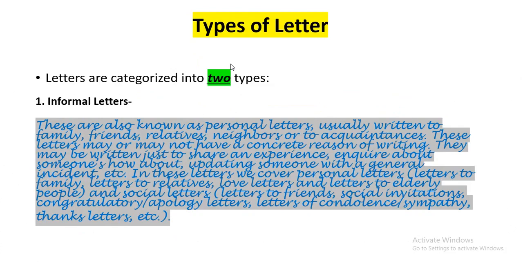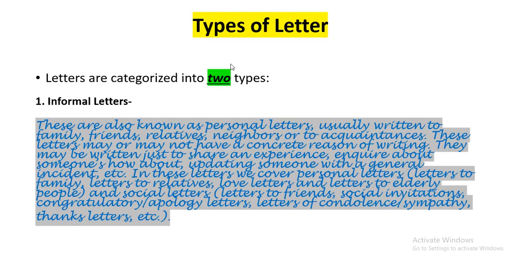Students, in this slide you will see types of letters. Letters are categorized into two types. Number one, informal letters. What is an informal letter? These are also known as personal letters, usually written to family, friends, relatives, neighbors, or acquaintances, the people you know.